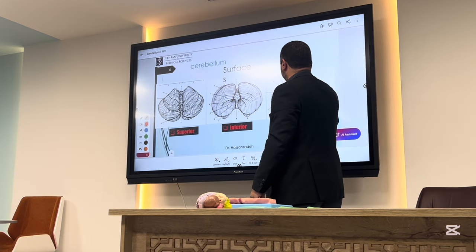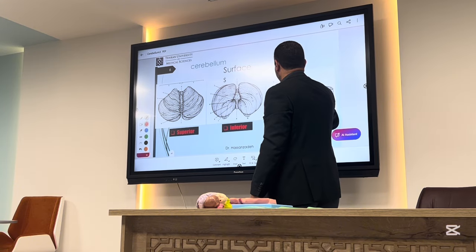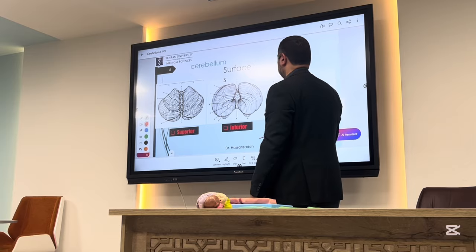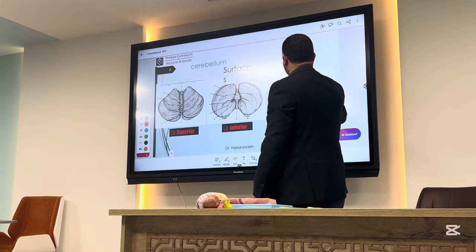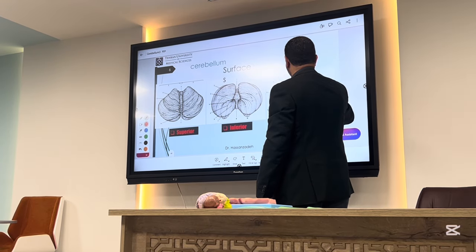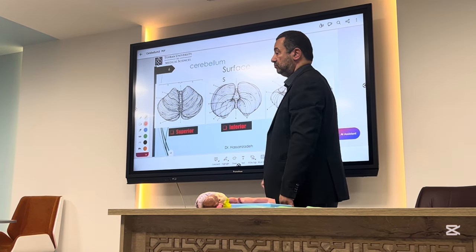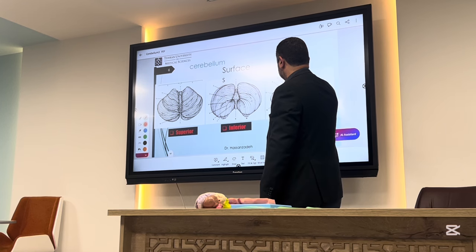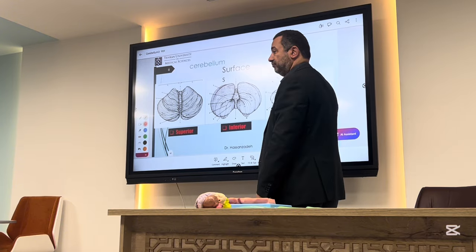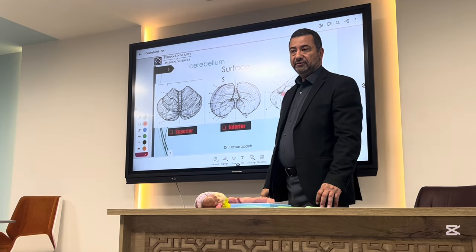And there are 2 peduncles on each side, and this structure that is called folliculus. Okay?